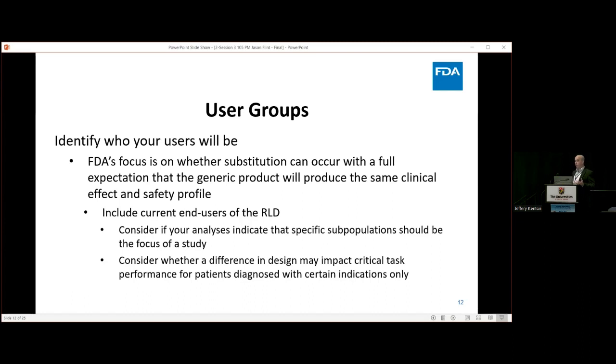So rheumatoid arthritis would be a good example. I want to focus somewhat on the rheumatoid arthritis patients as opposed to something like colitis, right? I may expect that that population may have more difficulty using the product. And then finally, considering whether that difference in design may impact critical task performance for patients diagnosed with certain indications only.